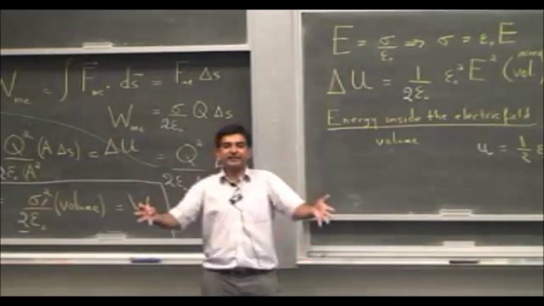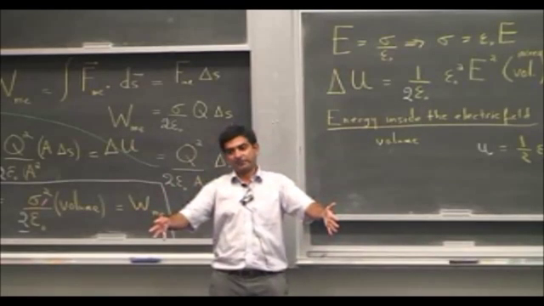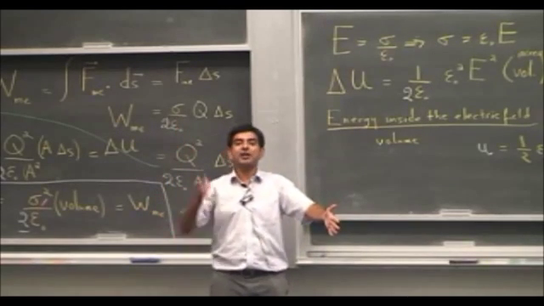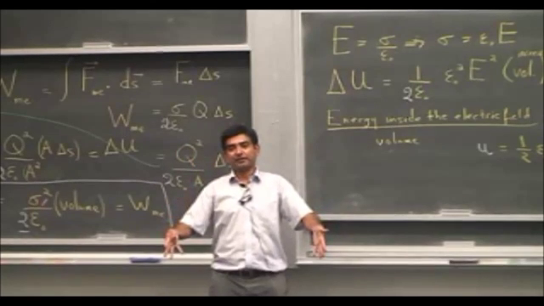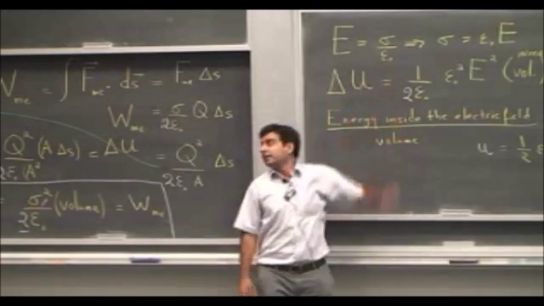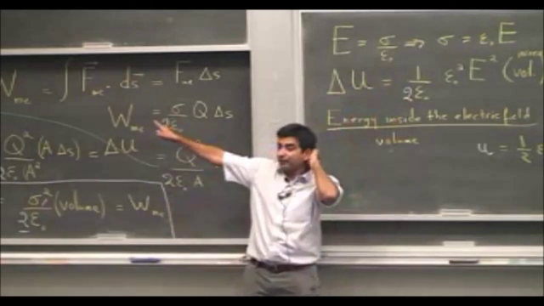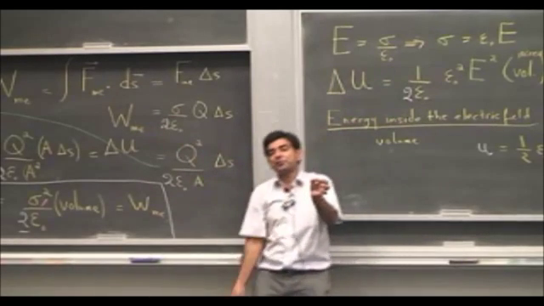Okay, now I have made this capacitor. There exists an electric field inside this capacitor. Okay, I know the surface charge density on either of the plates. I can determine what the electric field inside the capacitor is. The electric field inside the capacitor is now sigma over epsilon naught. I had a factor of 1 over 2 because I was just computing the force on one charge due to one plate.